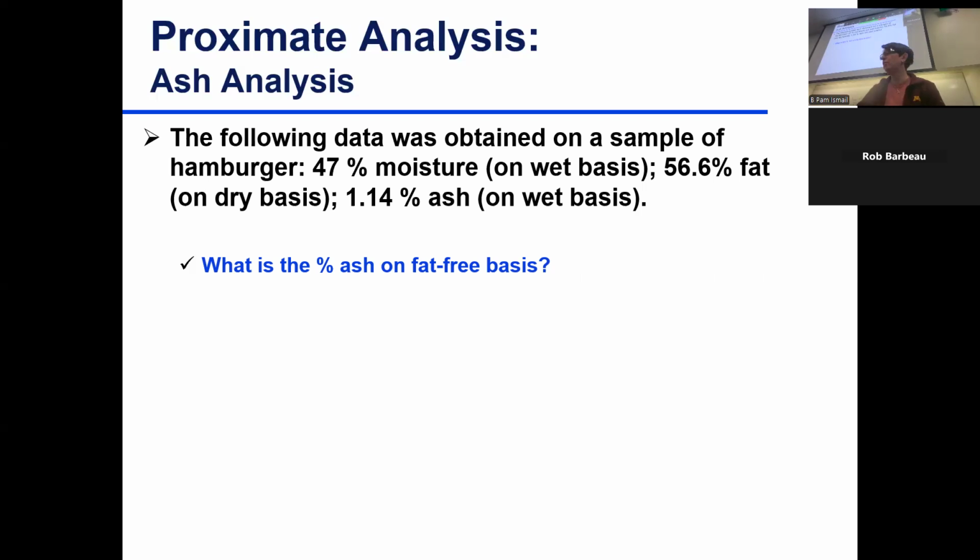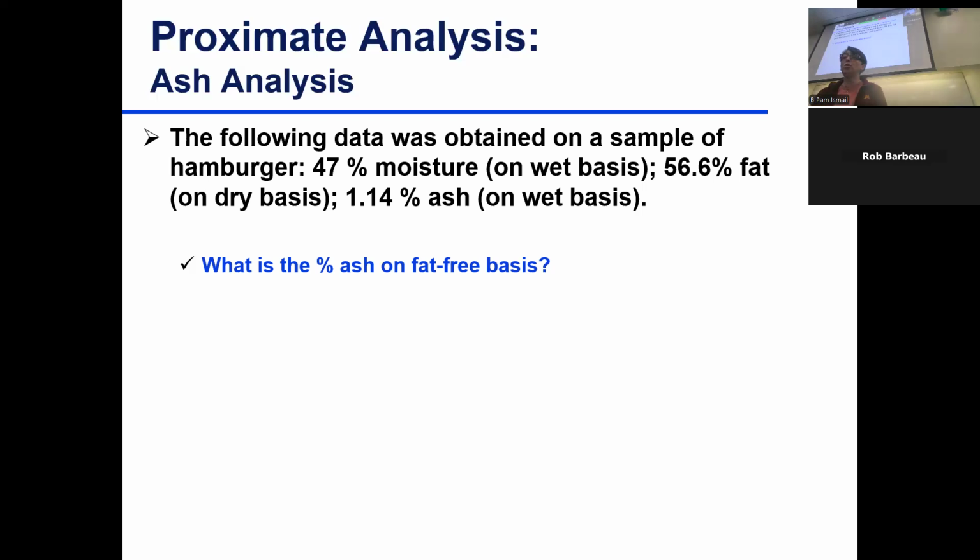Anybody determine fat on wet basis, or how we would do it? How do I go from dry to wet? You need to know this calculation, especially next week in lab. You're going to be determining fat content and ash content in cheeses that we have dried for you.